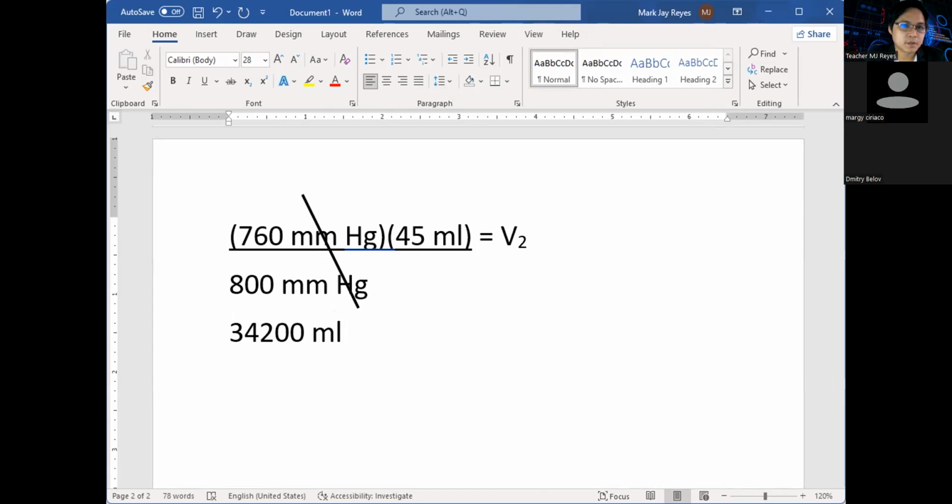It's equal to V2 divided by 800. Since we cancel out the units, millimeter of mercury, correct? So 34,200 divided by 800.